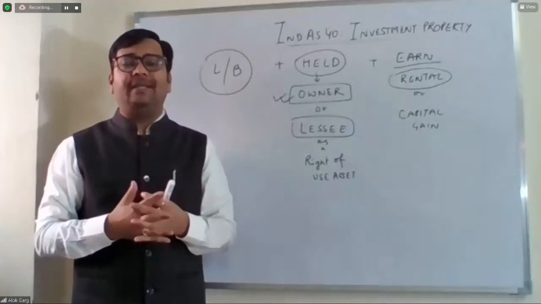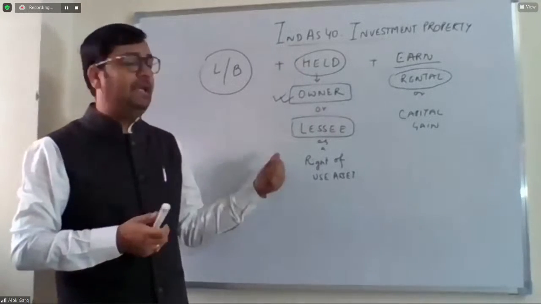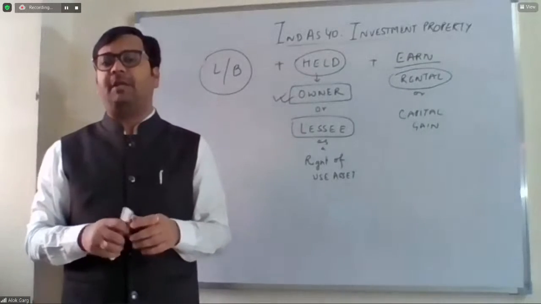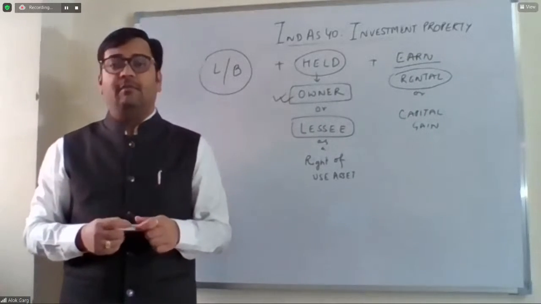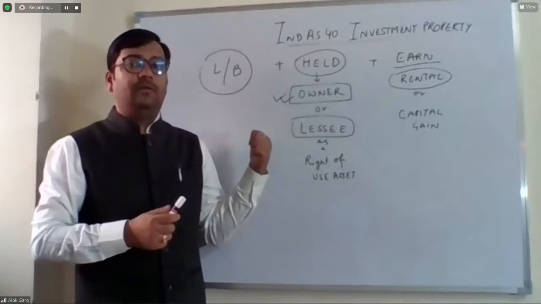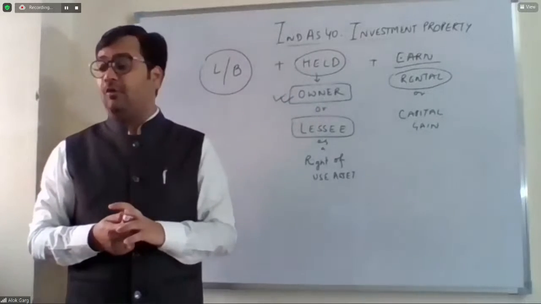But A Limited is using that building for its business purposes. Whether that right of use asset will be shown as an investment property or property, plant and equipment. Have you got my question?